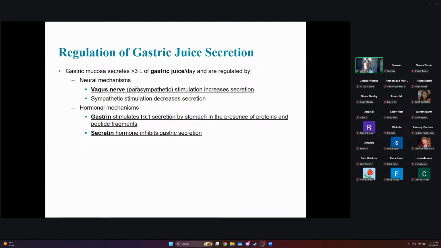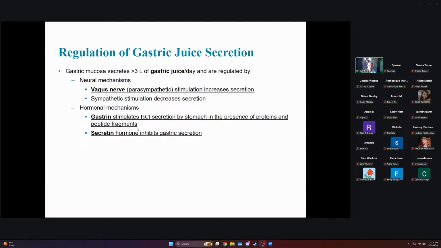And then the opposite of that, the sympathetic nervous system, slows things down or decreases the secretion of gastric juices. Okay, so those are your nervous system inputs, parasympathetic and sympathetic, the vagus nerve being that parasympathetic input that's going to increase the secretion, the release of gastric juices.